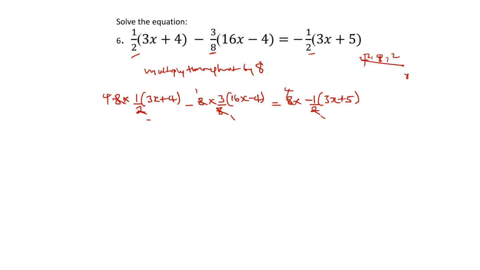This is 1, 4 bracket opens 3x plus 4, minus, it's 3 left, 1 multiplied by 3 is 3, bracket 16x minus 4, is equal to 4 multiplied by -1 is -4. Put in bracket again 3x plus 5.